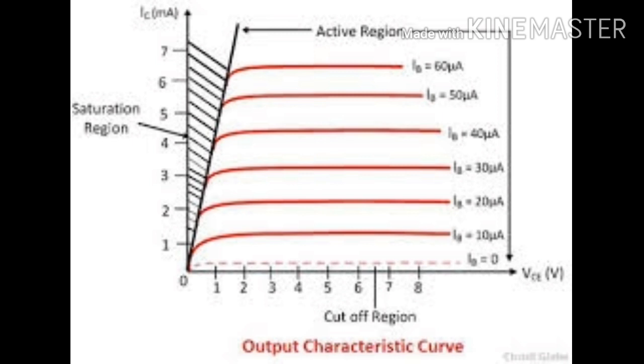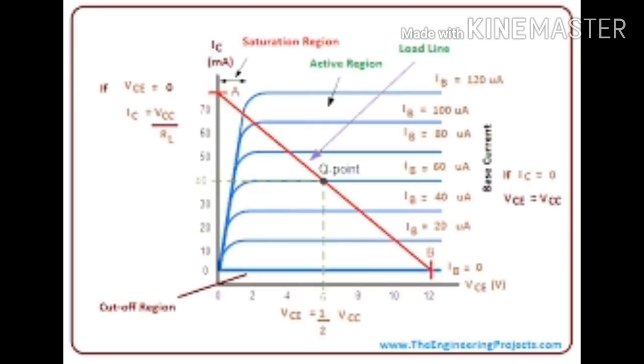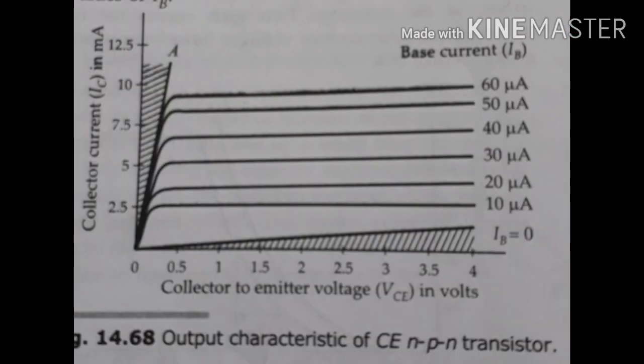Once the voltage VCE exceeds the voltage VBE, so that the collector base junction is reverse biased, the output current IC varies very slowly but linearly with VCE for constant IB. Beyond this knee voltage, the output resistance of the transistor is quite high.